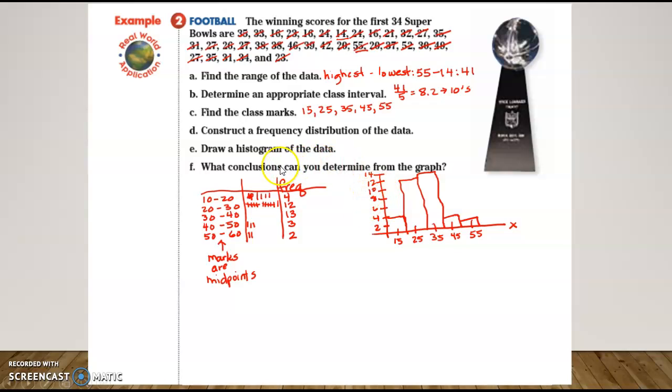And the conclusions you can determine are most of the scores are between 20 and 40. Okay? And you can write that down. Most winning scores are between 20 and 40.